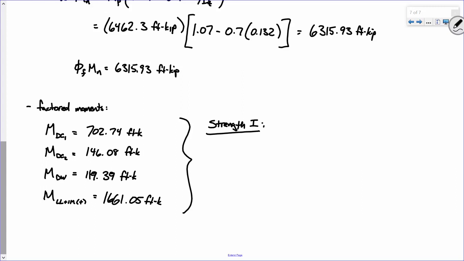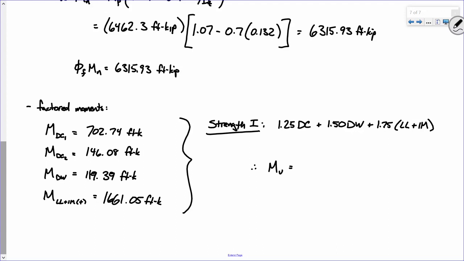Which states that the load combo is 1.25 DC plus 1.5 DW plus 1.75 live load effects. Remember that? Sound good?